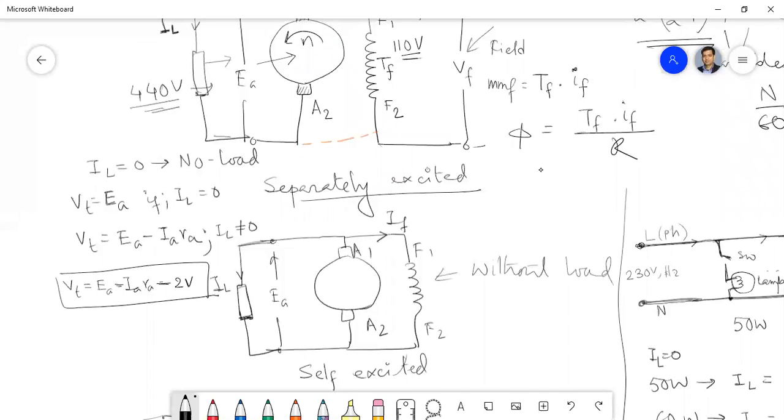And for the DC motor, the same expression is valid with a positive sign. So this is for the generator and this is for the motor.